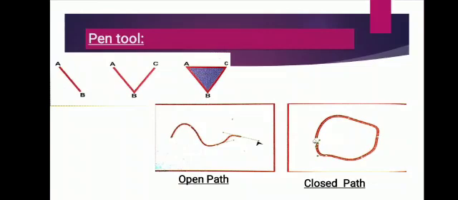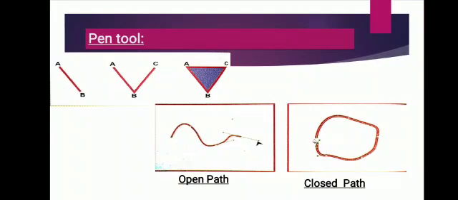Now it works with two paths, open path and closed path. To complete an open path, double click on the last point. Means I had made first point A, second point B. If I double click on the B, it will join the point from A to B. Now for closed path, keep the pen tool over the first anchor A. A small circle will appear next to the pen tip.